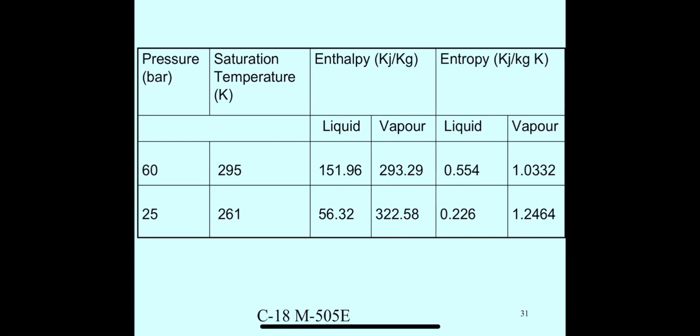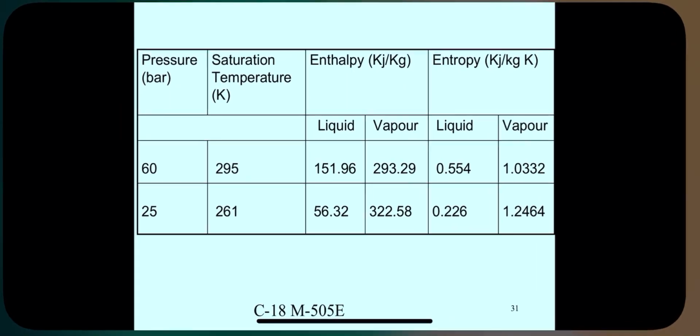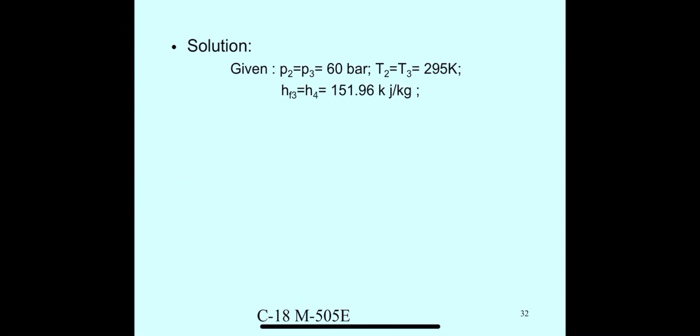At the pressure of 25 bar, temperature is 261 and liquid enthalpy is 56.32, vapor enthalpy is 322.58, entropy is 0.226, and vapor entropy 1.2454. This is the data for the problem. So P2 equals P3 equals 60 bar is given, T2 equals T3 equals 295 Kelvin is given. For HF3 equal to H4, we already know that Hg equals H2.